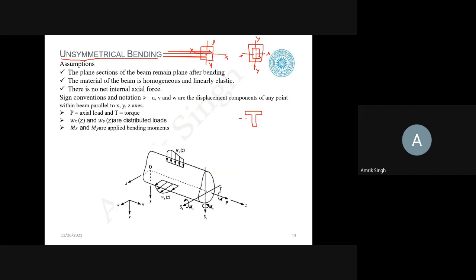Our neutral axis is somewhere here, and this is a vertical axis, so it is symmetrical about y. So some sections are symmetrical about both axes, some sections are symmetrical about one axis, and some sections are not at all symmetrical. A rod or a circular section is also a symmetrical section.